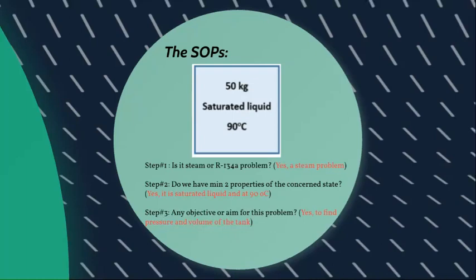Then, from the situation, we know that we are looking for information about the pressure and volume of the tank. From the problem given, it is clear that the only data available is the temperature, at 90 degrees C, meaning we should refer to table A4 for solving the problem. Okay, before I proceed further with the solution, let's get to know table A4 and A5 together.